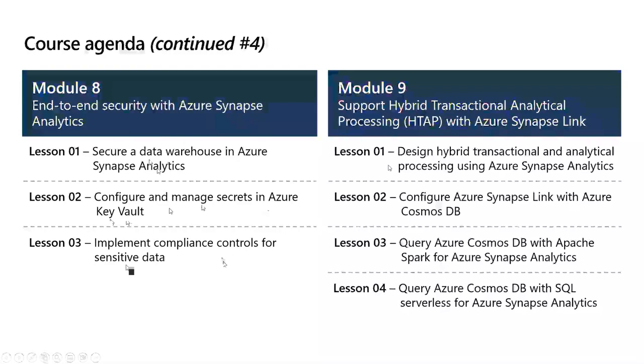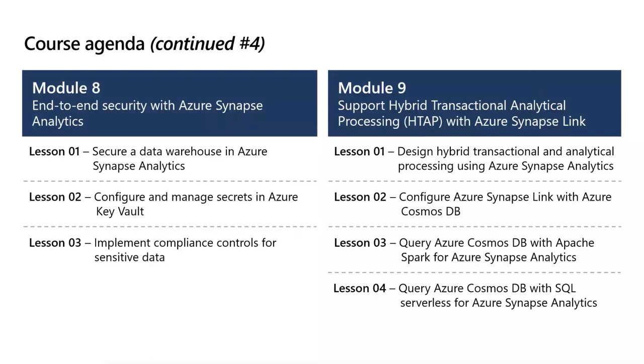And we're going to definitely talk about compliance, sensitive data. Module 9, we're going to overview the hybrid transactional and analytic processing within Synapse. And in there, Synapse Link will allow us to support these hybrid transactional analytical scenarios. Just to give you an understanding, it's when you need to work within both contexts, transactional and analytical, right?